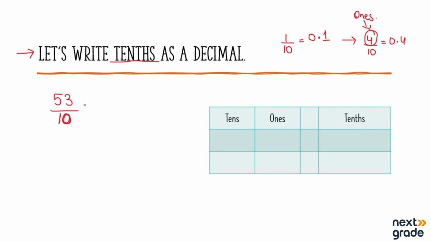If I have to convert this into decimal, I will put the decimal after one digit because it has 10 over here. So I will move my decimal one digit to the left side. So if I change this number into a decimal number, it will be 5.3.